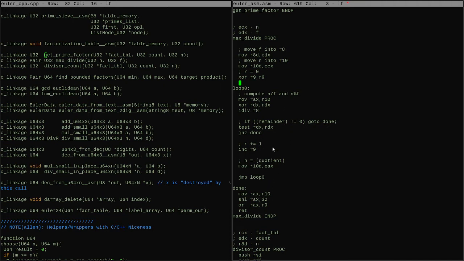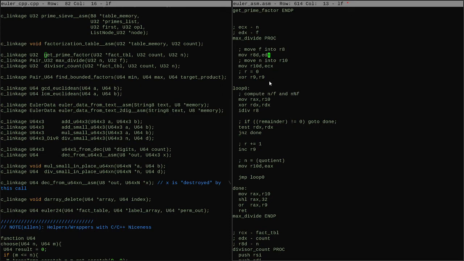I don't see any sign of me using R10D. What's going on here actually? This isn't totally making sense. So why did I move these out?